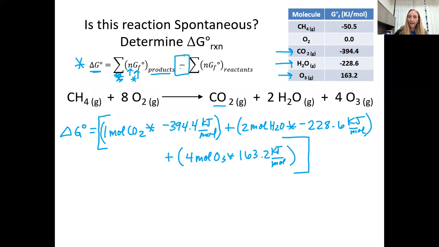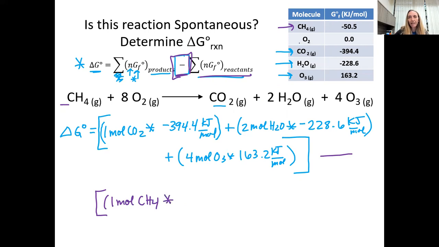Next, I'm going to subtract and do that process for the reactants. So I'm going to do this in purple, right? So subtract in purple, and my reactants will be in purple. So a big subtract sign. Then I'm going to take a big bracket and go through the reactants. So in my reaction, I have 1 mole of CH4.